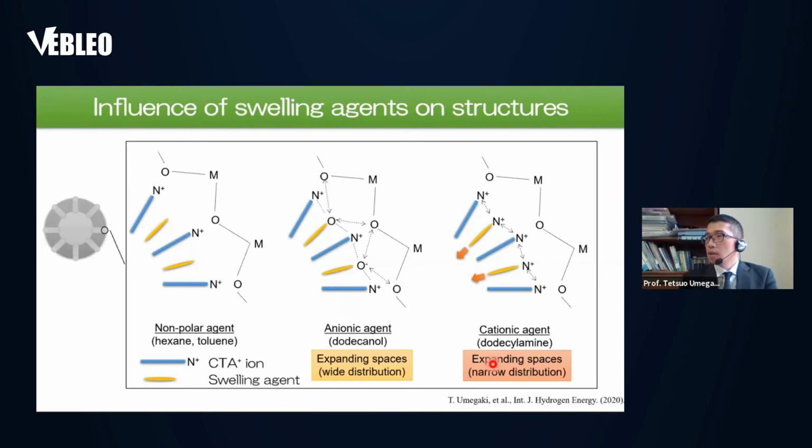Otherwise, the cationic dodecylamine repelled the surfactant cation, and then a large amount of the molecules were swelled inside the micelles, resulting in large interparticle spaces.